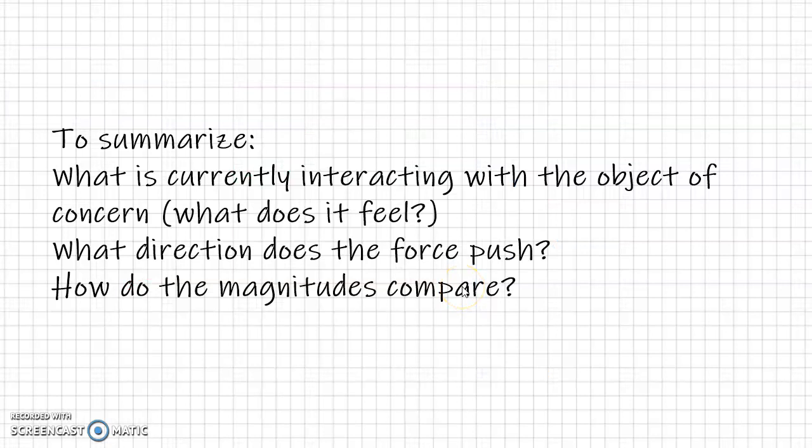So to summarize what we do when we are dealing with a free body diagram, one thing you want to ask is what is currently interacting with the objects. And again, when you hear the word interacting, you should be thinking force. Forces are always due to one object interacting with another object. Two objects, never more than two objects, never less than two objects. What direction does this force push?